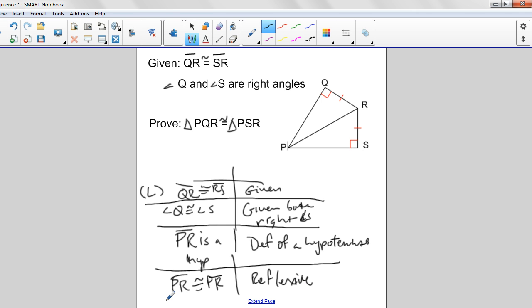And now you can say the whole triangle PQR is congruent to the whole triangle PSR. Okay, and the reason being hypotenuse leg. That's it. We've taken care of the leg right there. We know that PR is the hypotenuse. We said that it is congruent to itself. We've got to have two congruent statements. This one and that one are the key. And now we can say the triangles are congruent to each other.